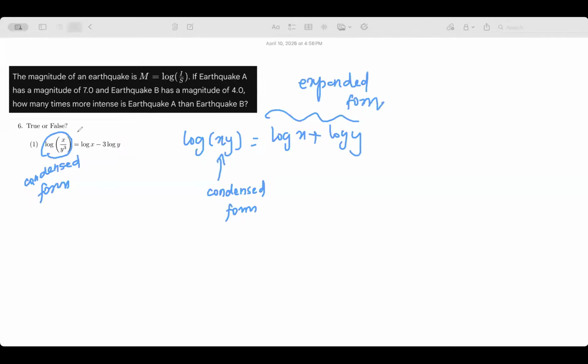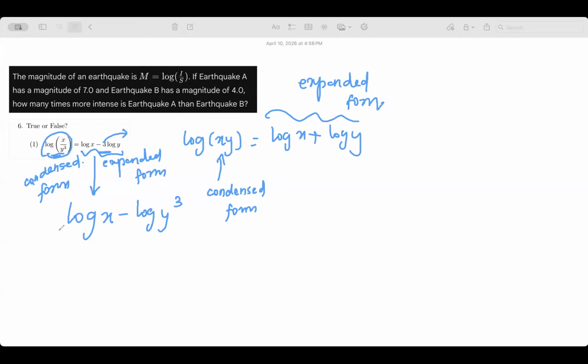Now they may ask you, this is the condensed form, this is the expanded form. True or false, meaning either you can expand this or you can condense this. Both you should be good at. If you want to condense, log x minus log y. The power property makes it go up. It is the reverse here.